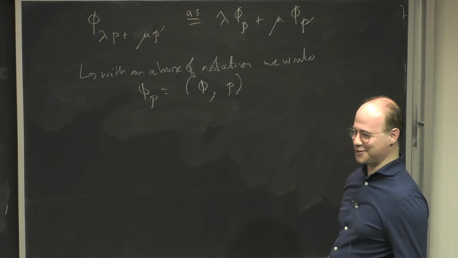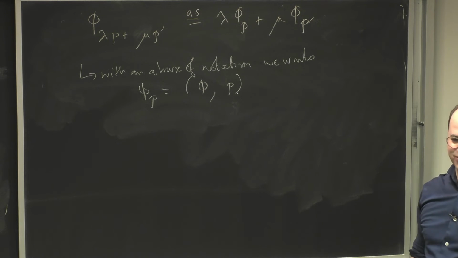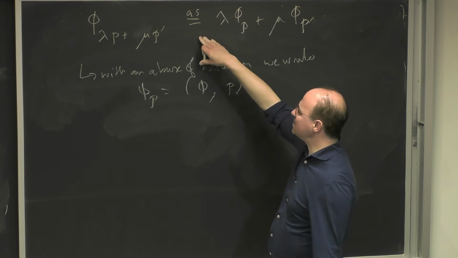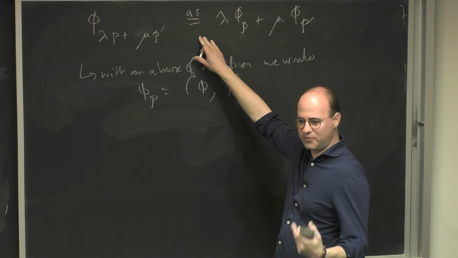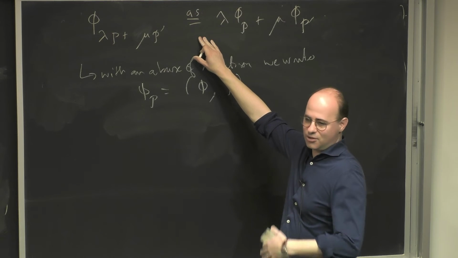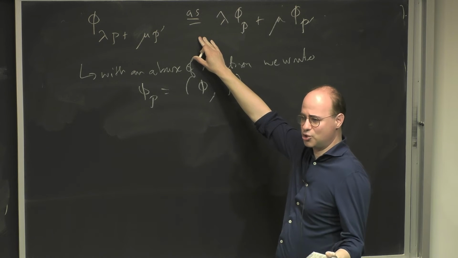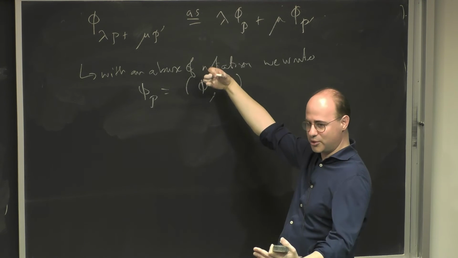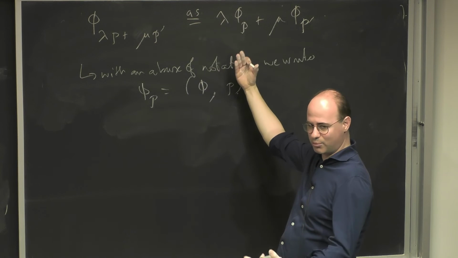So I'm going to come to your question soon. Okay, the problem is that this is satisfied almost surely for a fixed choice of rho and rho prime and lambda and mu. And there's uncountably many such choices. So I cannot say that it's true simultaneously for all choices of lambda, mu, rho, and rho prime.